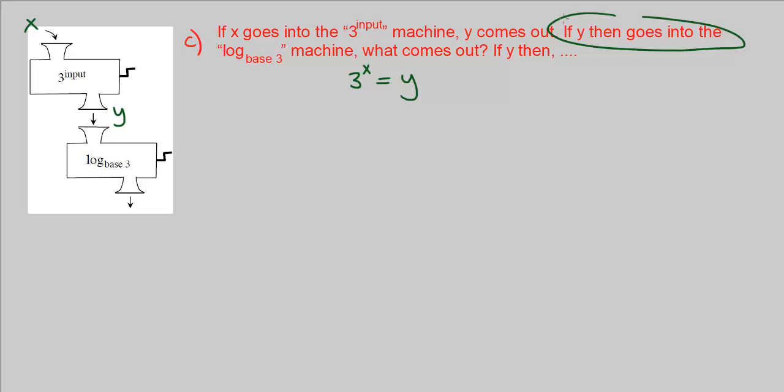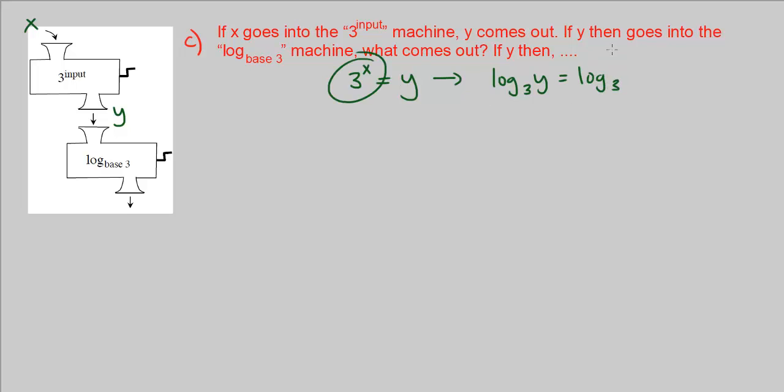Well, if y then goes into the log base 3 machine, what comes out here? If we have y going in there, we're going to have log base 3 of y, and we know that's the same thing as log base 3 of 3 to the x, since y is equal to 3 to the x.